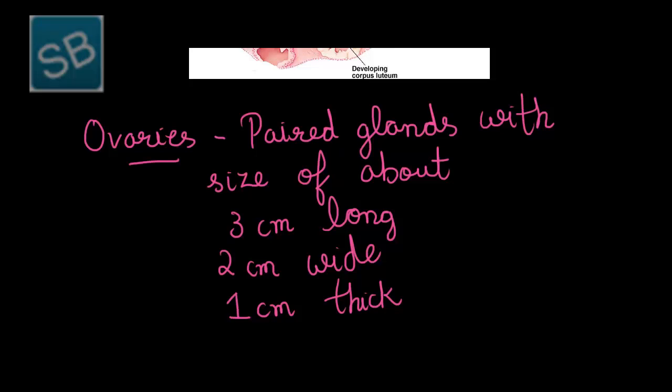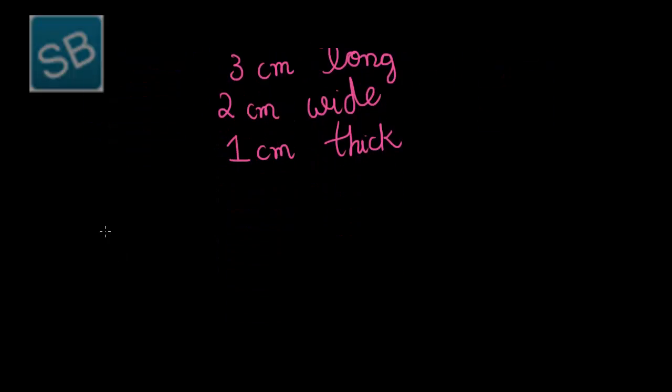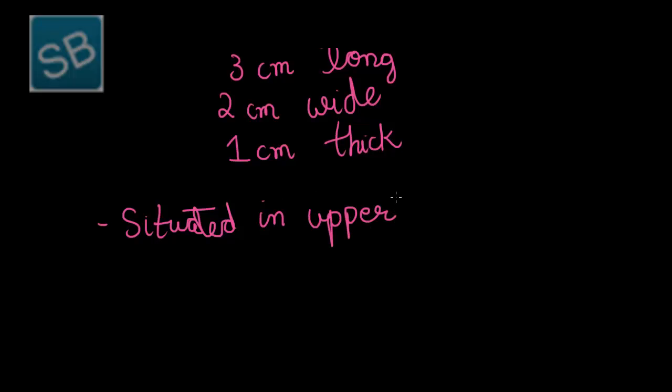They are situated in the upper pelvic cavity. As said earlier, they occur in pairs, so they are arranged in the upper pelvic cavity, one on each side of the uterus.